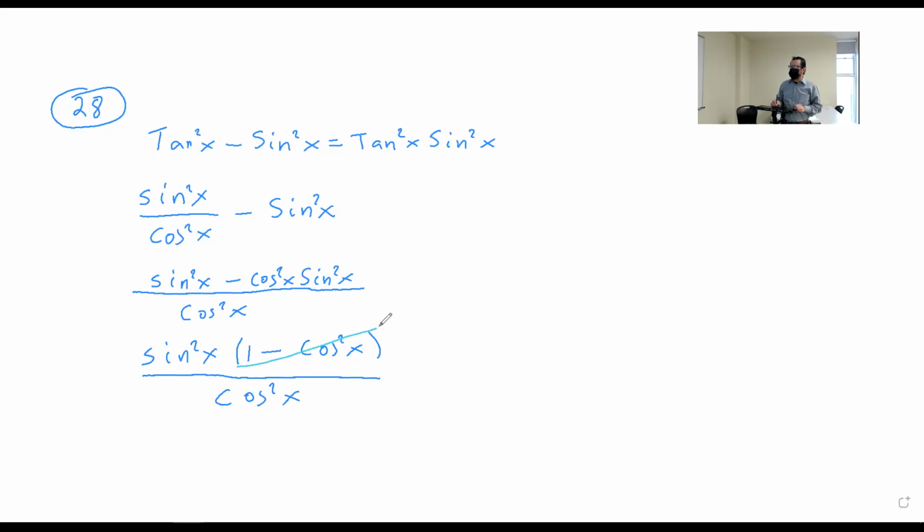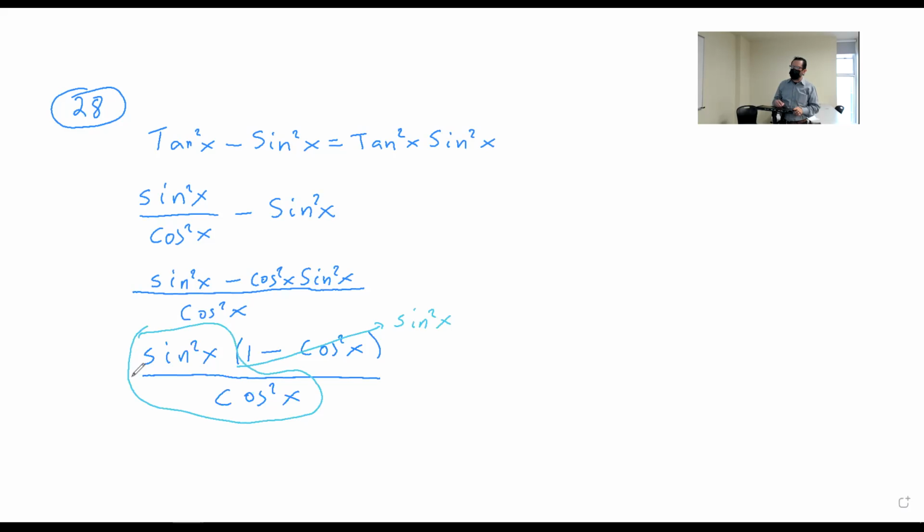Yep. So, no, sine squared, because remember that we've got the Pythagorean identity here. So sine squared plus cosine squared equals 1. If we send either of those to the other side, we get 1 minus that identity. And so, by doing that, we're actually going to have sine squared and cosine squared.